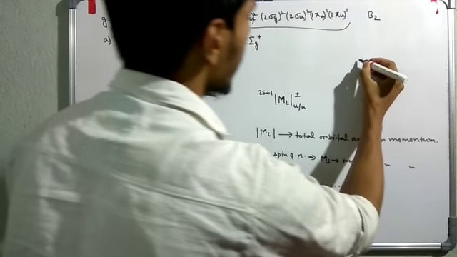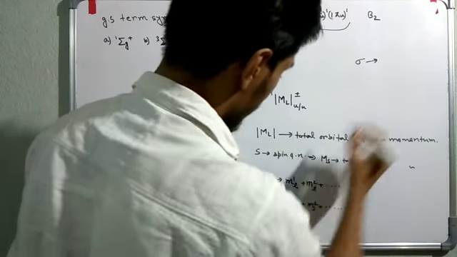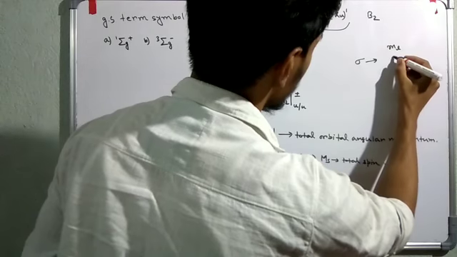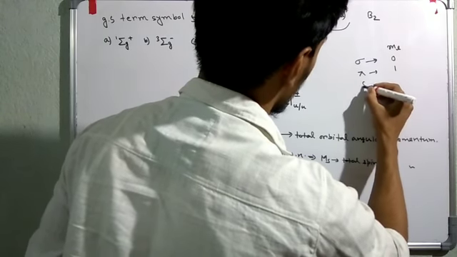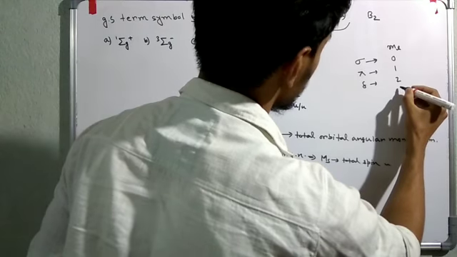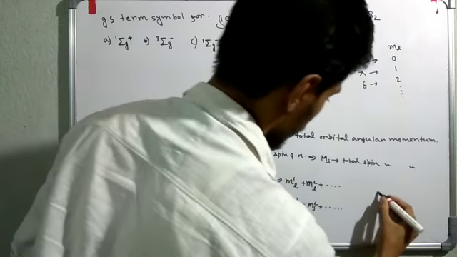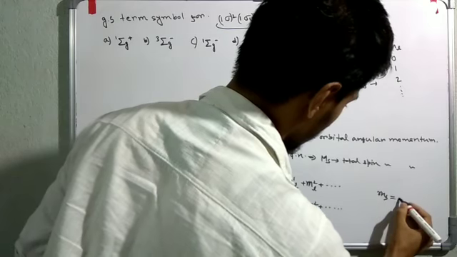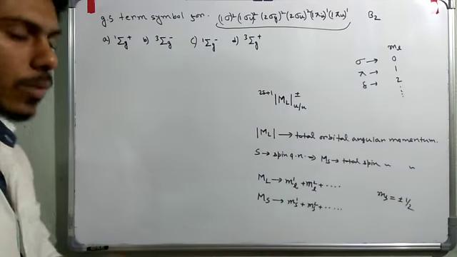Let's say you have a sigma orbital. For a sigma orbital the ml value is 0. For a pi orbital it is 1. For a delta orbital it is 2, and so on. And the ms value can be plus or minus half.